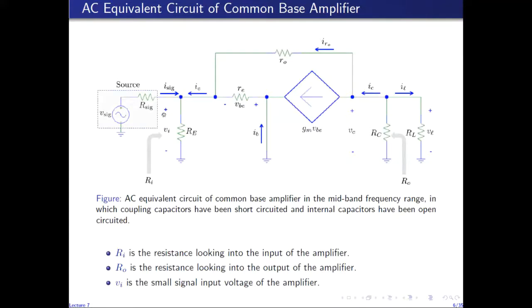Instead, the emitter is connected to a resistor whose equivalent resistance is Rsig in parallel with RE. And again, I connect a current source here and measure the terminal voltage to find the resistance seen looking into this collector port. That resistance in parallel with RC will give us Rout.